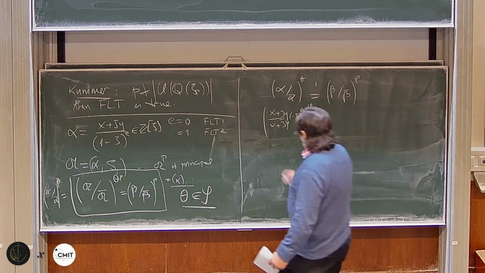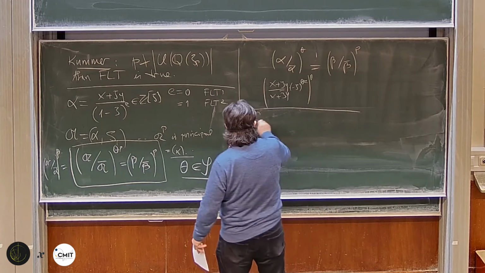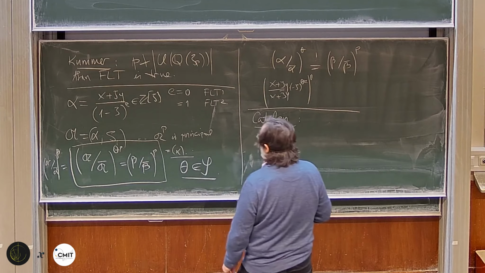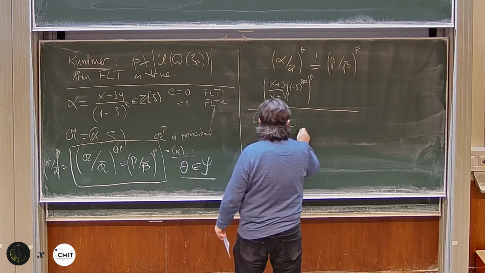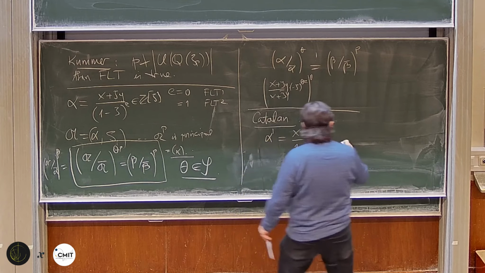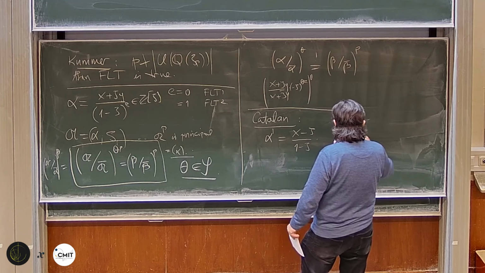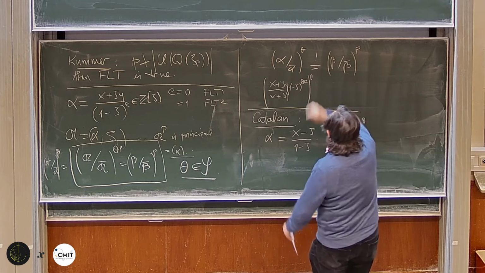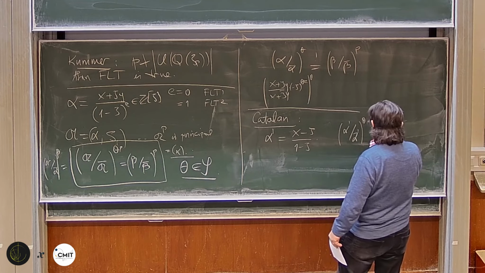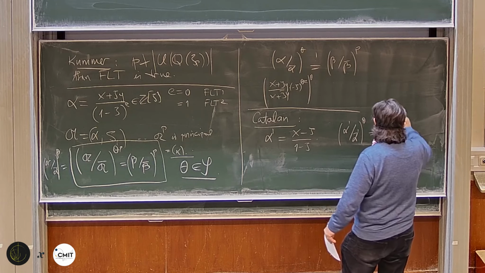And in the case of Catalan, you have something similar. So over to Catalan, you have as characteristic number x minus theta over 1 minus theta, and you will have alpha prime over alpha prime bar to the theta, again for some element of this class group ring, is beta over beta bar to the q this time.